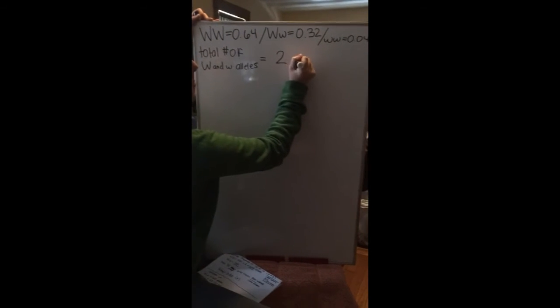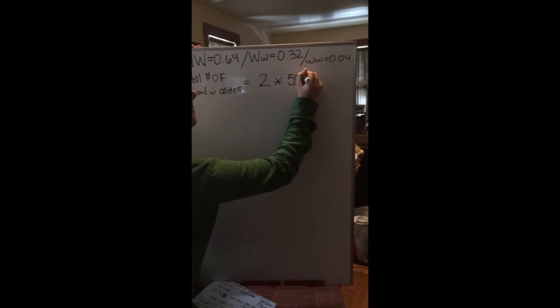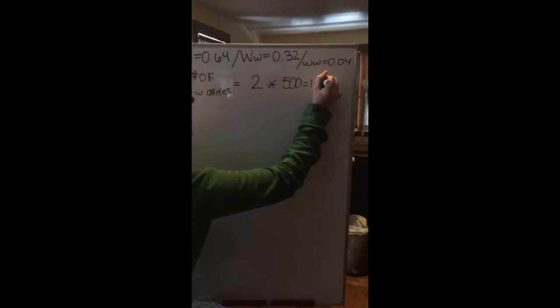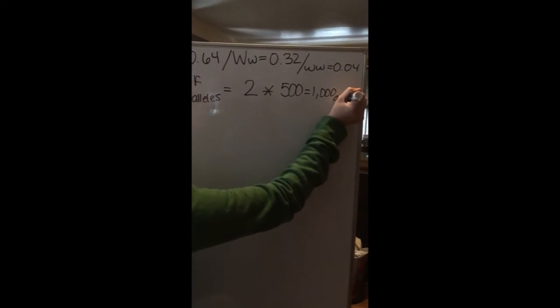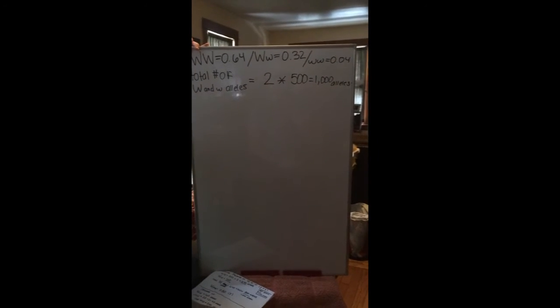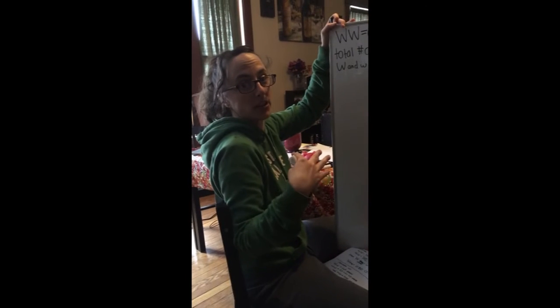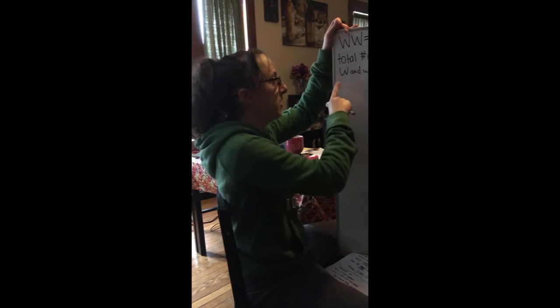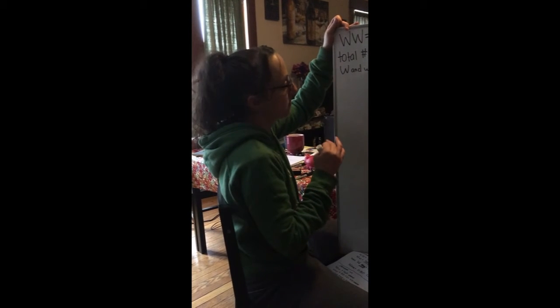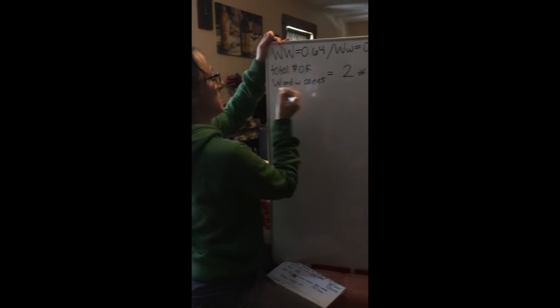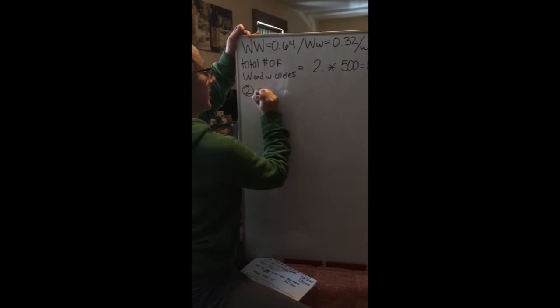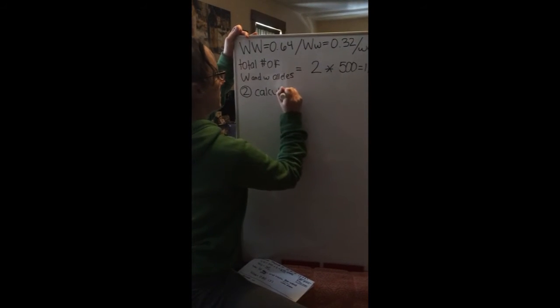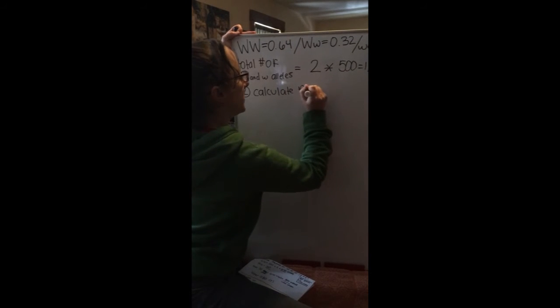And our initial population of iguanas was 500. So 2 times 500 equals 1,000 alleles. We need to know this value because we're going to use it to calculate the frequency of dominant and recessive alleles in this population for the webbed and non-webbed feet. All right, so that's what we're going to move on to next, number 2. Calculate frequency.